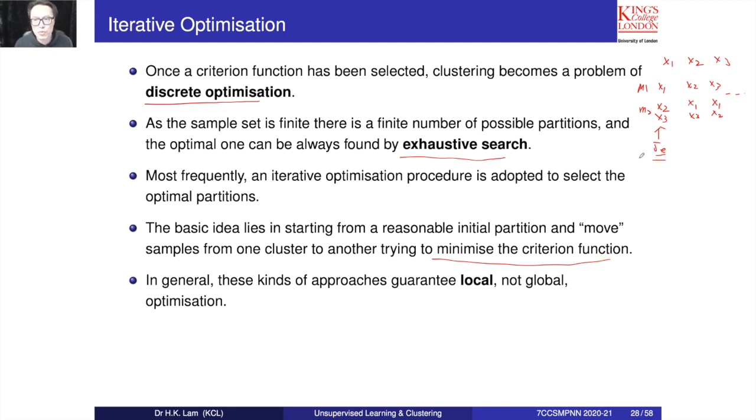If the cost is reduced, that means this move is a good move. So this kind of iterative method is something like the gradient descent approach, and we can only search for the local minimum but not the global.